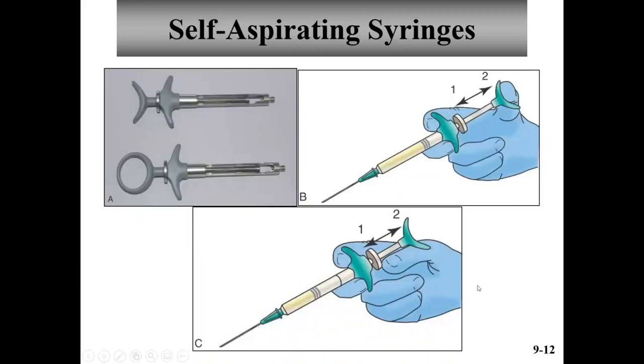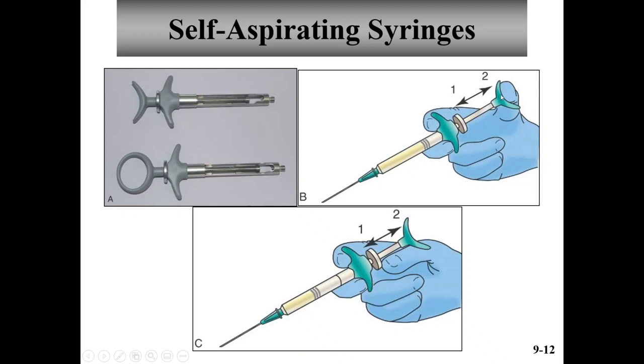What you have to do when you use this to get it to aspirate, and it's available with a thumb ring and without, even though this is still called the thumb ring, it's a thumb rest. What you have to do when you get to target is you have to take your thumb out of the thumb ring and put it on this disc, and you push down on the disc, and that's what performs the aspiration for you.